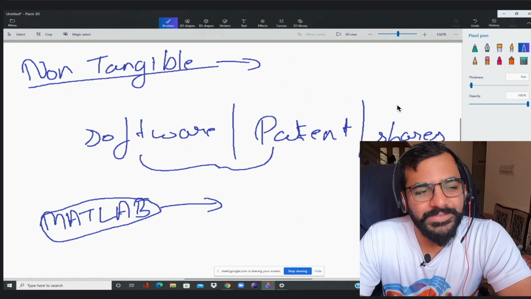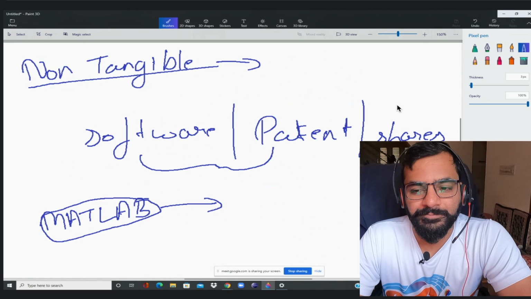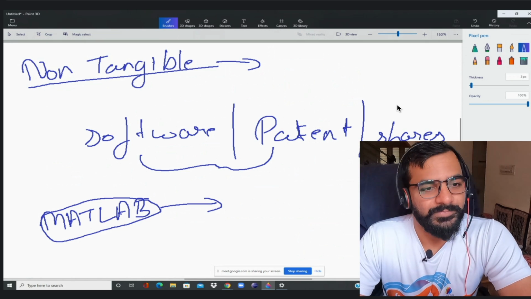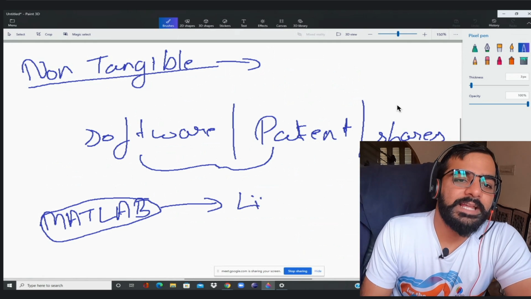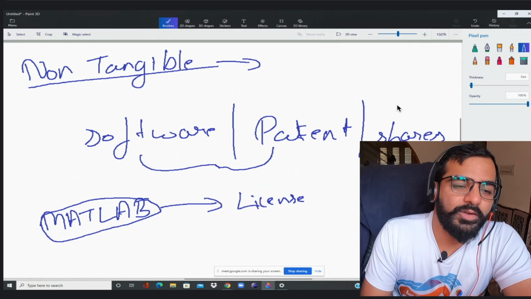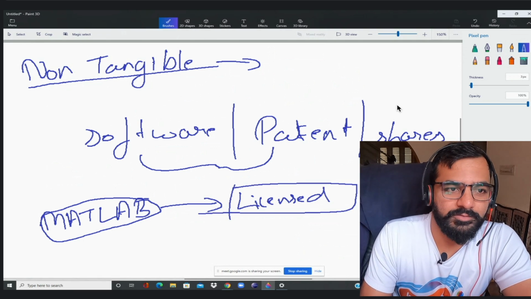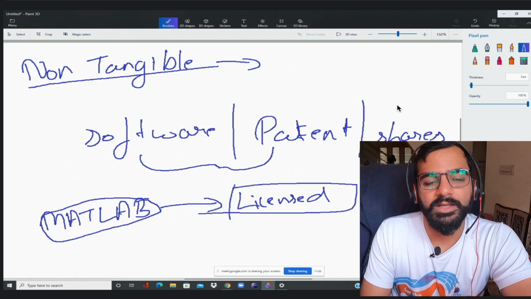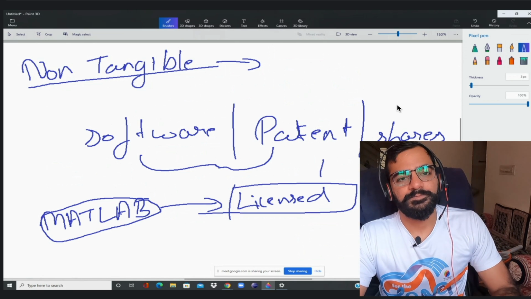Any understanding here? Correct. So it is licensed. So for everything which they are giving us, they are paid for it. For even one single thing, they are getting paid.